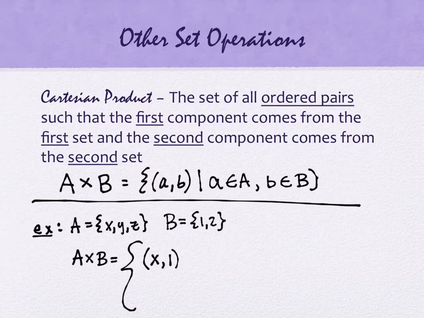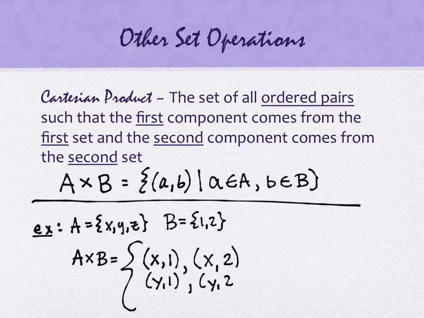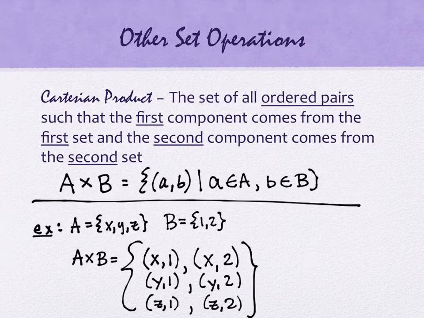And we're going to do it with all of the elements. So X can pair with 1, X can pair with 2. Y can pair with 1, Y can pair with 2. Or Z could pair with 1, and Z could pair with 2. And that would be the list of elements. So the elements are ordered pairs themselves.